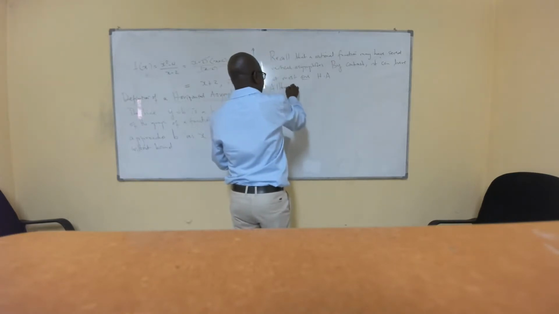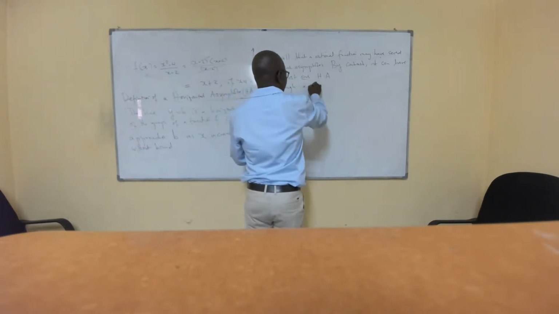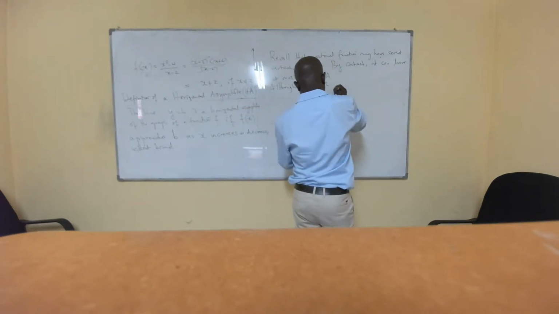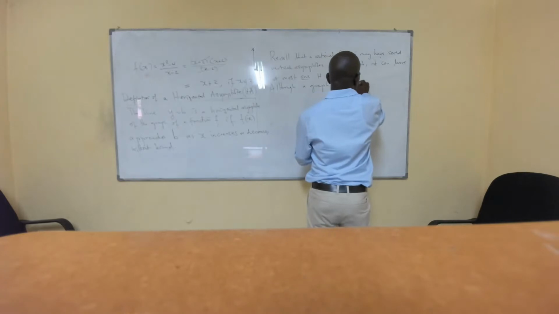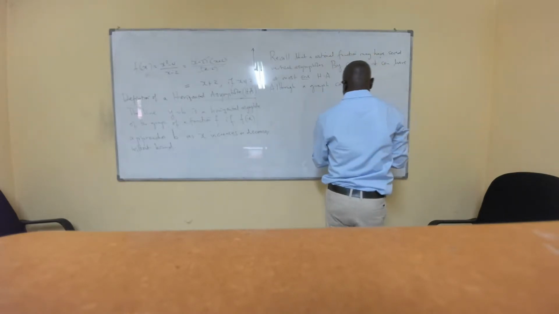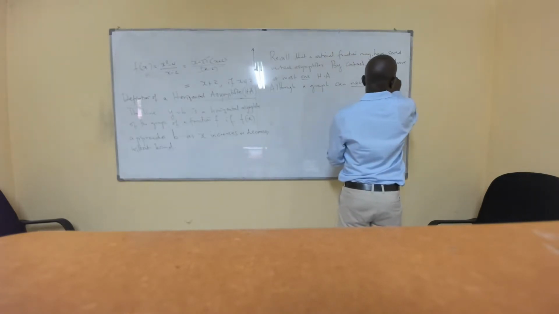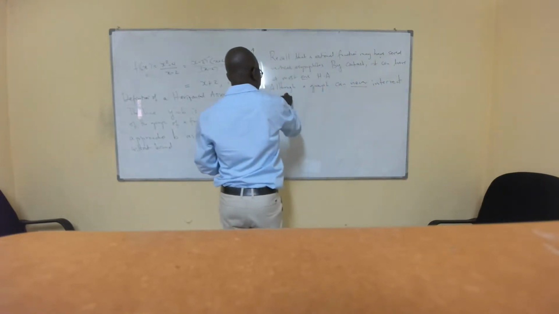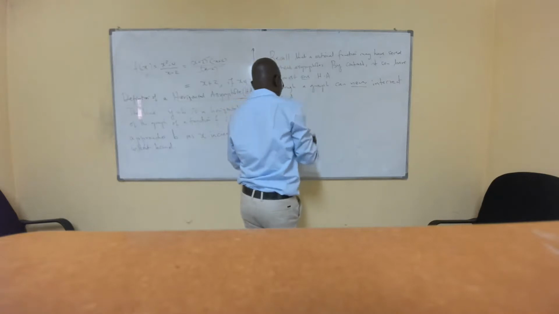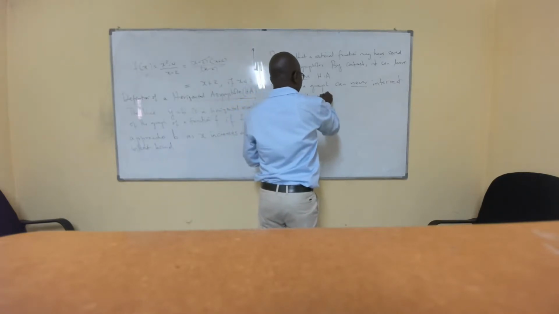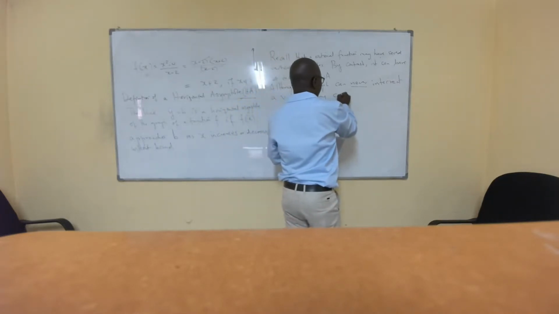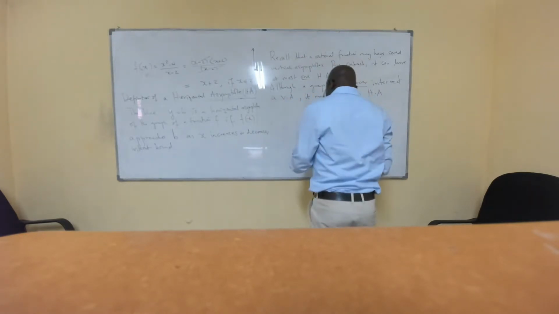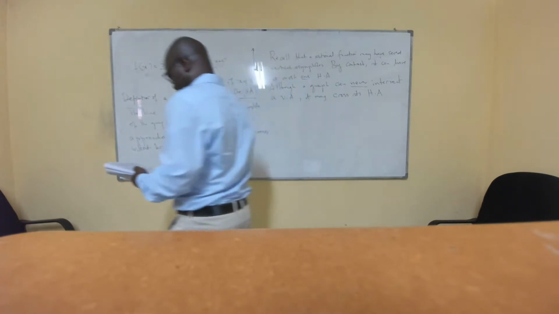Although a graph can never cross or intersect a vertical asymptote, it may cross its horizontal asymptote. That's important to note.